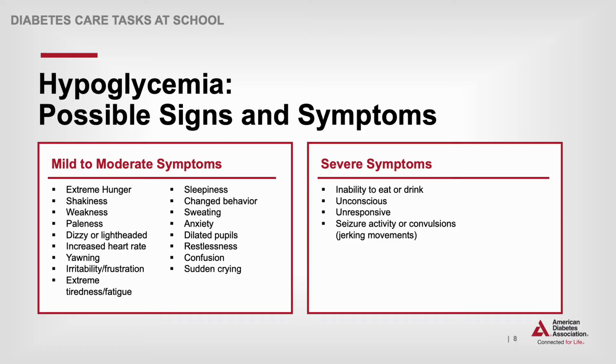Symptoms may include the following: extreme hunger, yawning, sleepiness, shakiness, irritability or frustration, changed behavior, weakness, extreme tiredness or fatigue, sweating, paleness, anxiety, dizziness or lightheadedness, dilated pupils, increased heart rate, restlessness, confusion, or sudden crying.